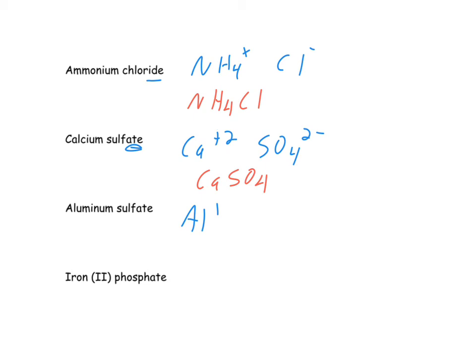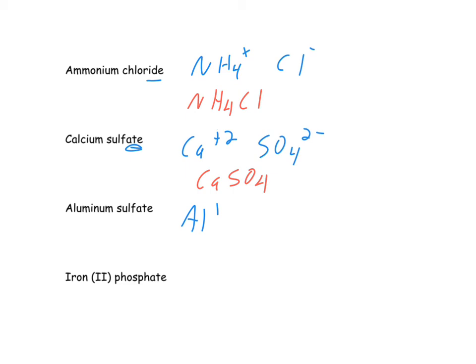That does not add up to 0, so we're going to cross both of those. So the formula is going to be Al2. No parentheses around Al. It's a single element ion. We never put parentheses around a single element ion. The sulfate we're going to have to, and when I wrote my sulfate I wrote it wrong. Sorry, it should be SO4. So this is going to be (SO4)3.